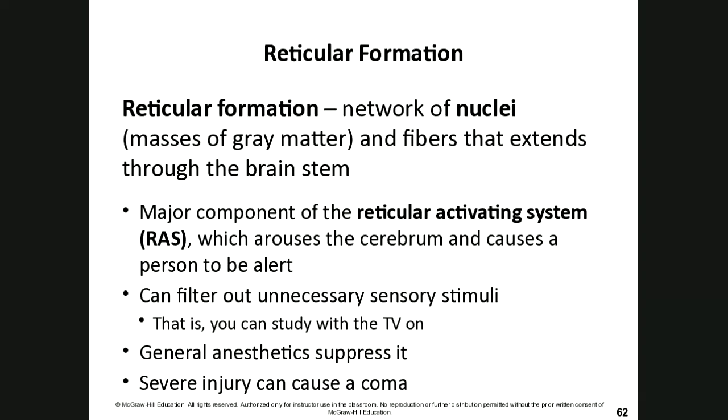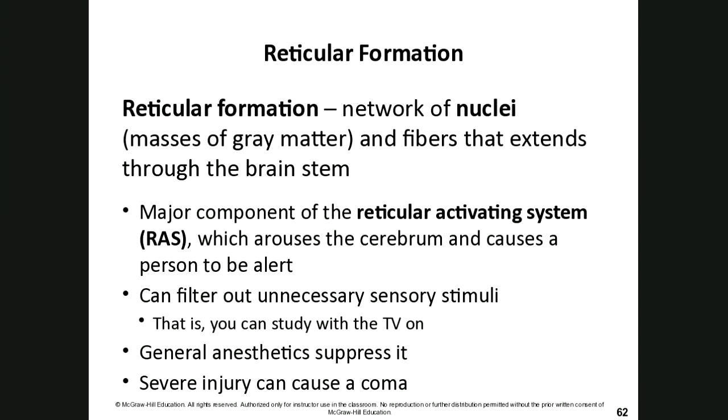So the reticular formation is a network of nuclei, or masses of gray matter, and fibers that extend through the brain stem. We talked about how the different parts of the brain have different jobs, they store different information, and they integrate that information, and you have learning that happens. But we want to pull all of this together, and that's the job of the reticular formation.